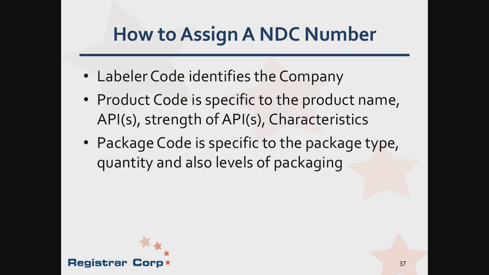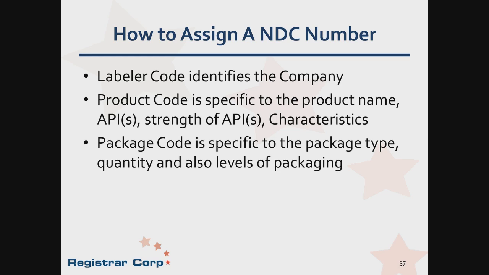When assigning an NDC number to a drug product, it is important to note when a new number for a segment must be assigned. The first segment is the labeler code, and that identifies the labeler company in a listing SPL. A product code is specific to the product name, active pharmaceutical ingredients, the strength of the active pharmaceutical ingredients, and characteristics such as flavor, size, score, or color.